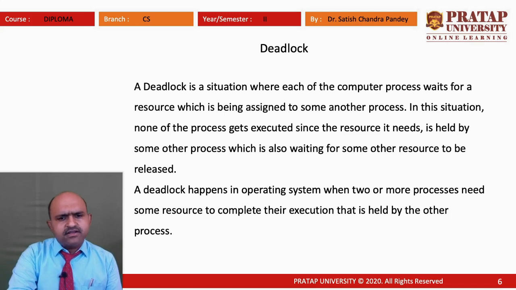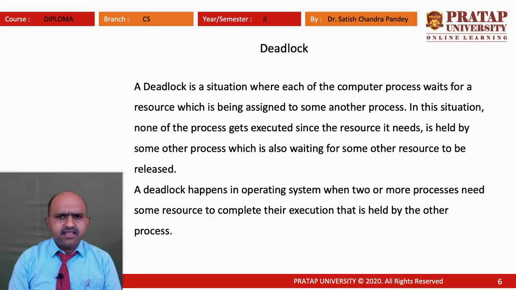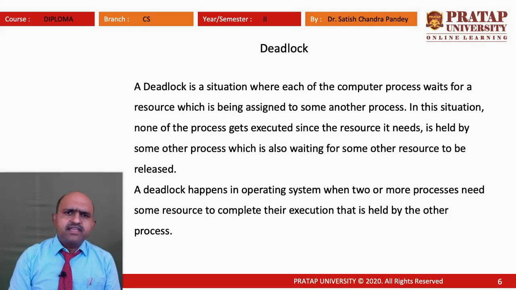A deadlock happens in an operating system when 2 or more processes need some resources to complete their execution that are held by another process. Simply, when deadlock occurs, nobody can execute any process.